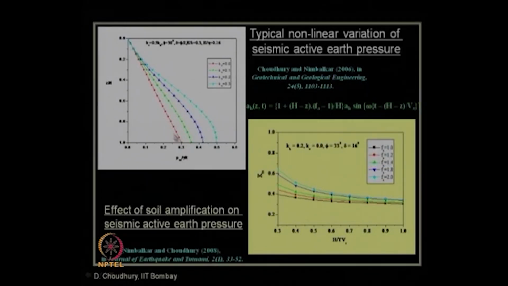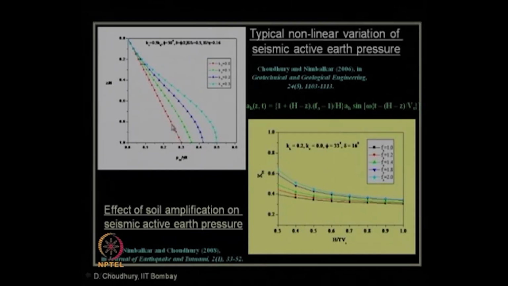This red line is the result for the static case, and as the seismicity increases, as we know for the active state, the design value or critical value should increase, right, because in the active case we maximize the design value. So, as the seismicity increases, the design value increases compared to the static one, and also the variation of the active earth pressure distribution with respect to depth is highly nonlinear, as you can see over here.